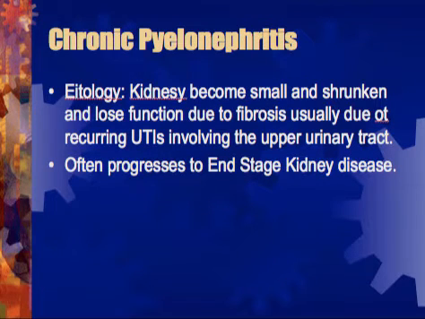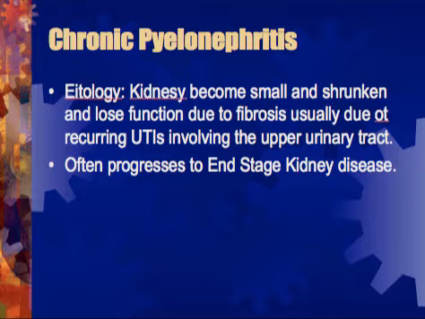Chronic pyelonephritis is one of the risks of having a urinary tract infection within the kidneys. We want to watch out for chronic pyelonephritis. The kidneys will become very small and shrunken, and they lose function. This is usually due to recurring UTIs involving the upper urinary tract, the kidneys themselves, and chronic pyelonephritis can often progress to end-stage kidney disease.